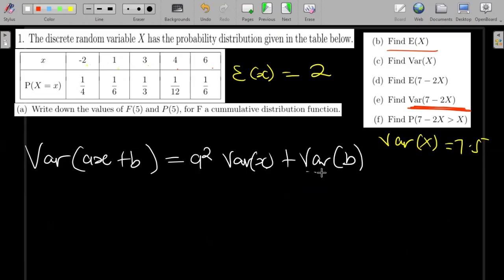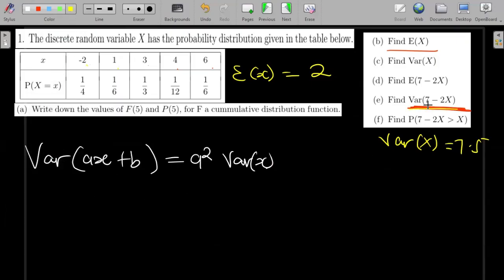Now, the variance of a constant is always 0. So when you look at the formulas in the books, it won't be included. They will just say the variance of a linear function like that one is equal to a squared multiplied by the variance of x. So this is what we're going to use.